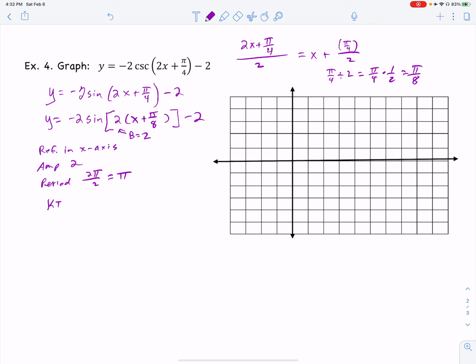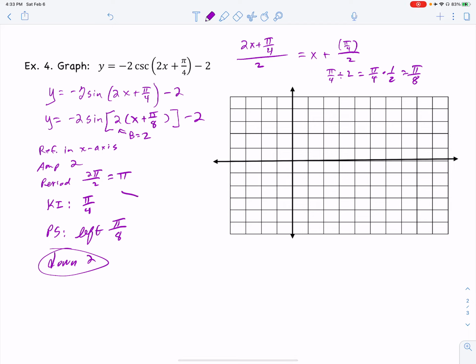And my key increment is always 1/4 of my period, so my key increment is pi fourths. And since I have a plus pi eighths in there, my phase shift is go left pi eighths. And then, of course, we're going to need to go down 2. But I'm going to figure out what my zeros are before I move down 2 to get my vertical asymptotes for cosecant.